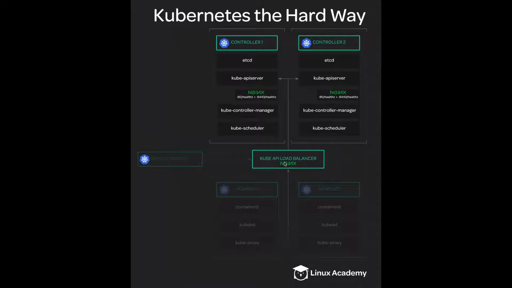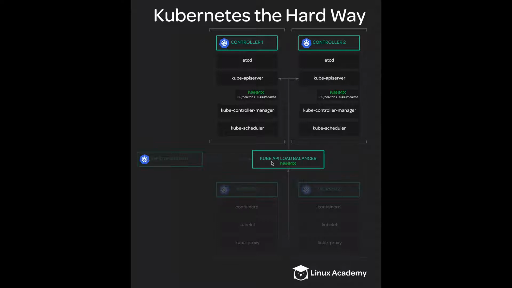Now, the reason for that is later on, we'll be able to communicate with the Kubernetes API through that load balancer. So, for example, when our workers' kubelets communicate with the API, they will get load balanced usage of the API through this load balancer, as well as if we communicate with it remotely using, for example, a remote kubectl when we're actually interacting with our cluster to maintain and manage our cluster.